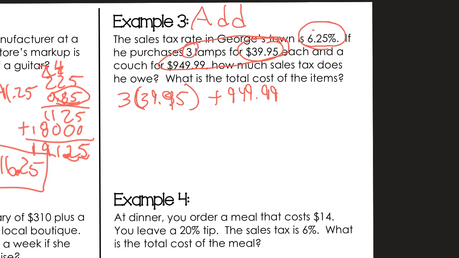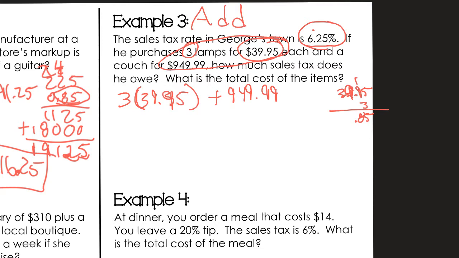I could do this the long way. If I do this over to the side, let's just say $39.95 times 3. 3 times 5. 3 times 9 is 27, plus 1 is 28. 3 times 9 again is 27.